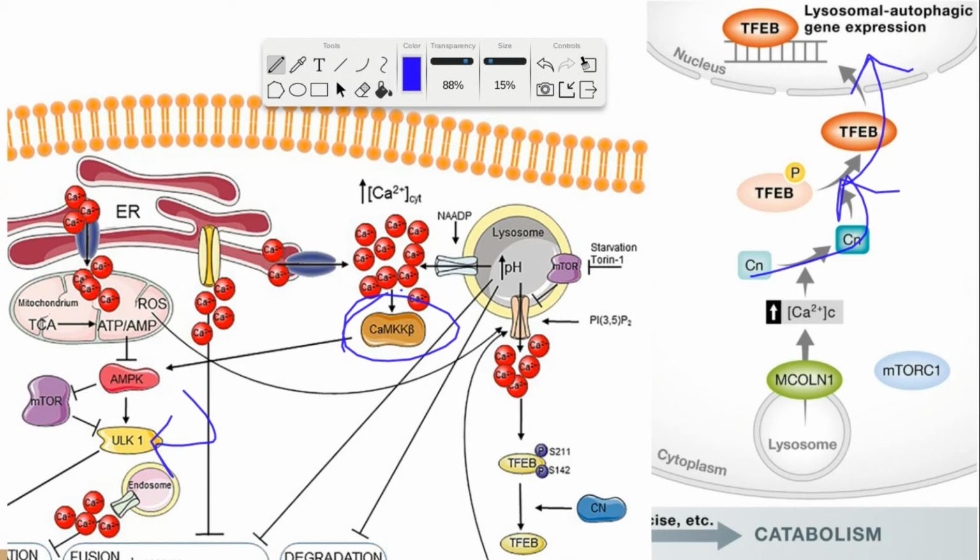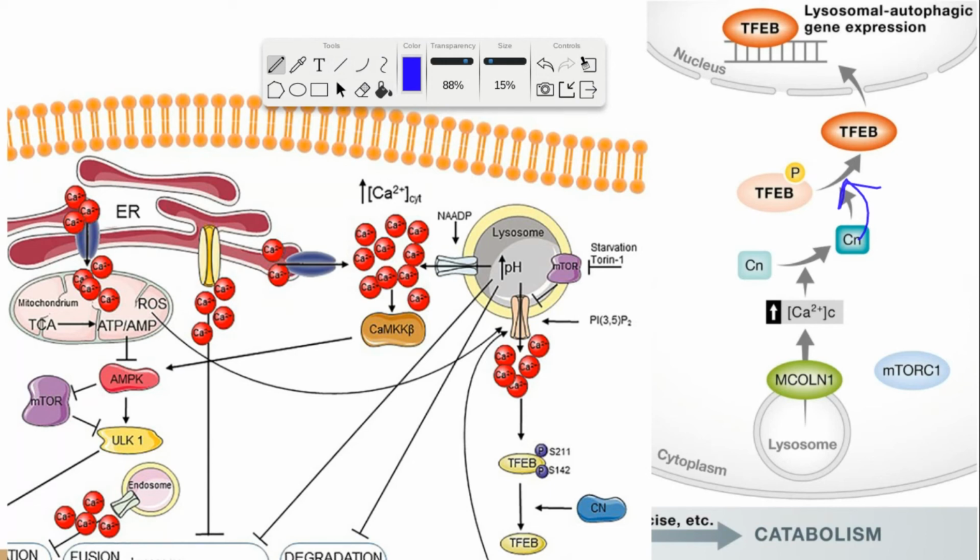And loss of calcium from the mitochondria, the efflux of calcium from the mitochondria, decreases ATP generation, which also activates AMPK if you have imbalances in the ATP to AMP ratio. And you also have activation of calcineurin, which removes the inhibitory phosphate on TFEB, allowing it to enter the nucleus and prime gene expression.